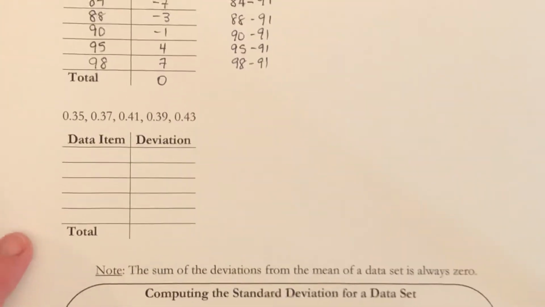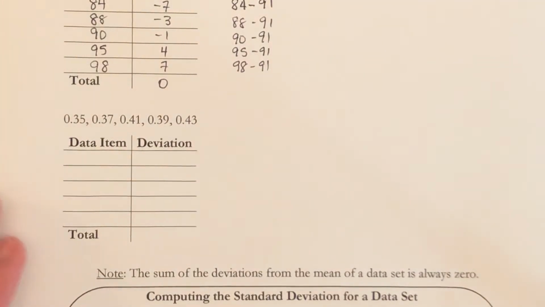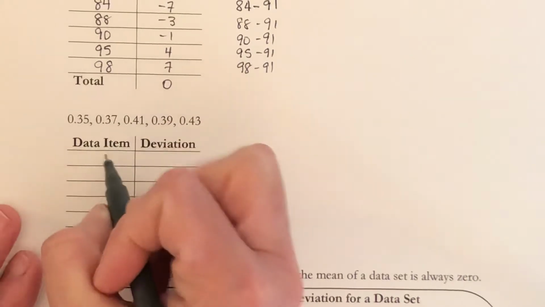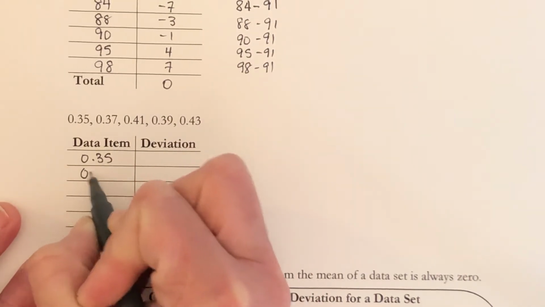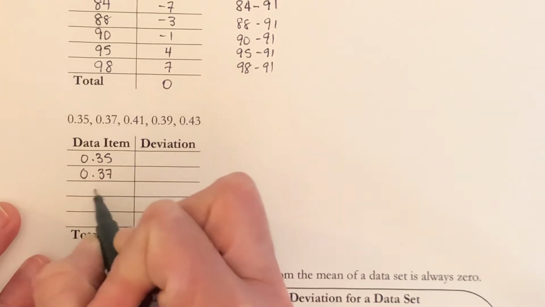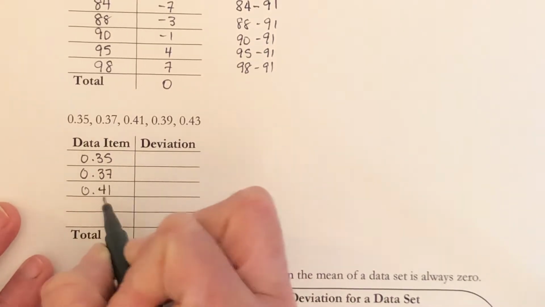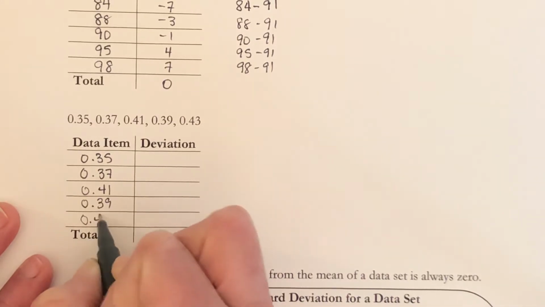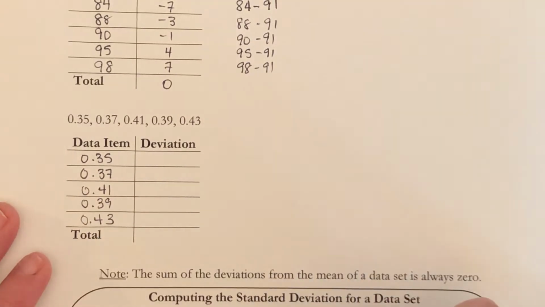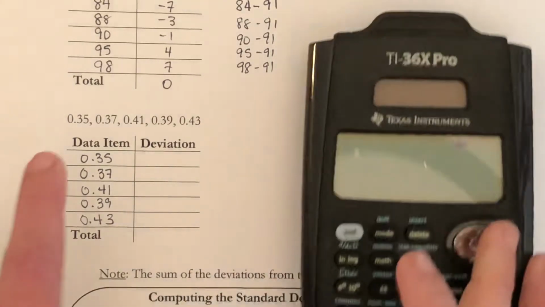Okay, so let's do the same thing for these data items. I have 0.35, 0.37, 0.41, 0.39, and 0.43. This time we are not told the mean, so we need to find the mean of these.